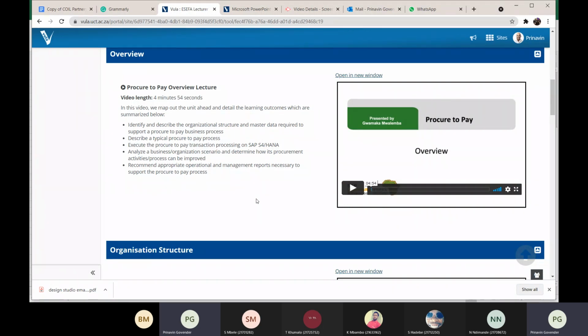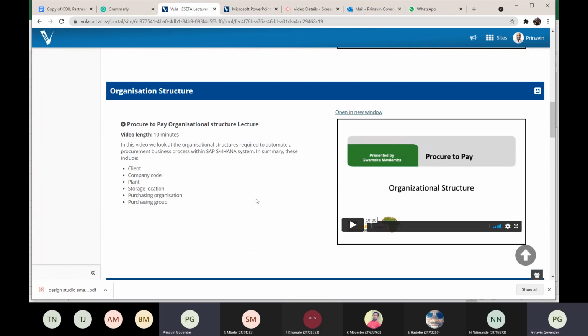I thought it'll be a good idea to do the practical work and then to go to the theory. So I'm going a little bit out of order. I'm going backwards and forwards. Then we'd like to recommend appropriate operational and management reports necessary to support procure to pay.